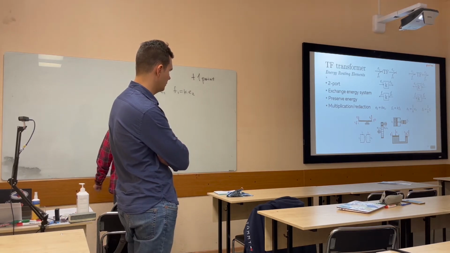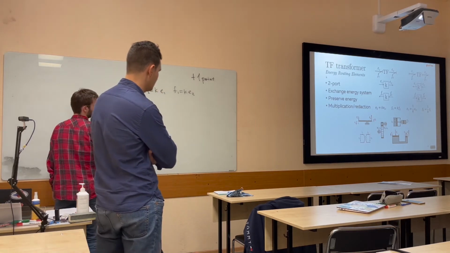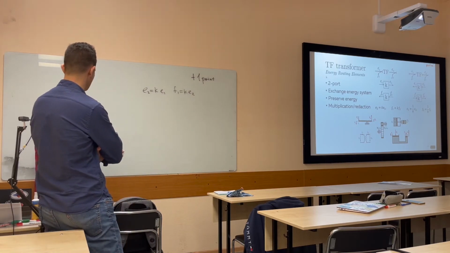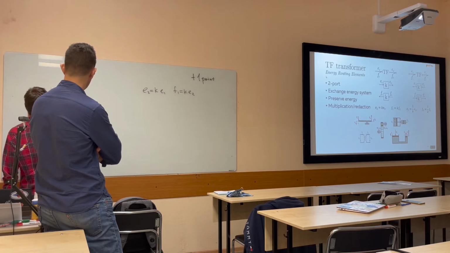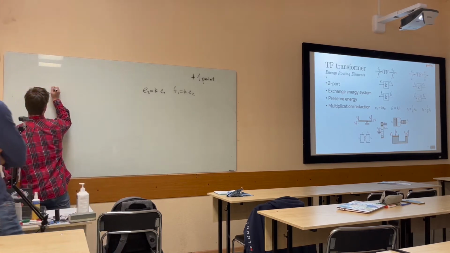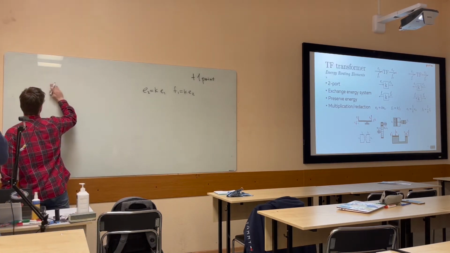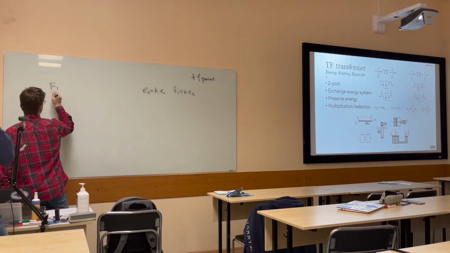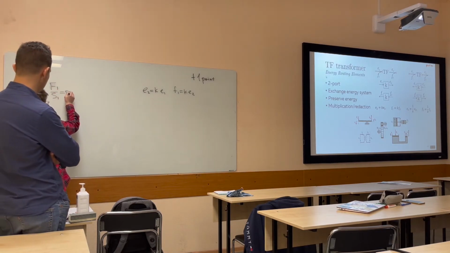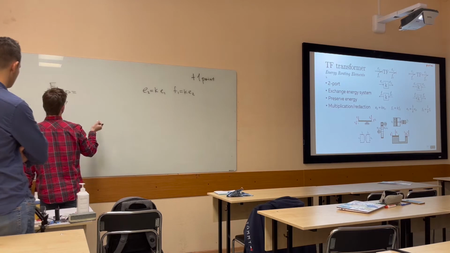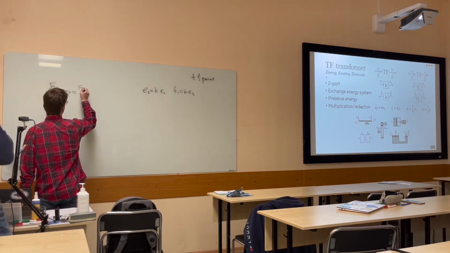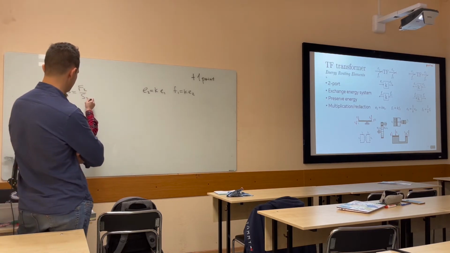We know that pressure is force divided by area. So let's try it for the first one: force 1 divided by area 1 equals the pressure, which also equals F2 divided by area 2.